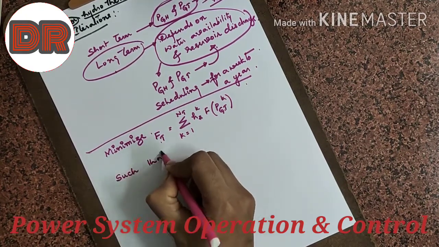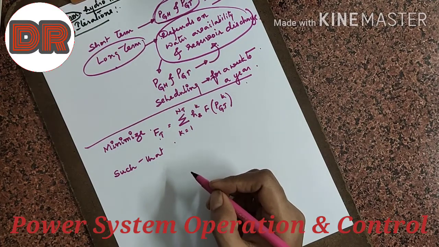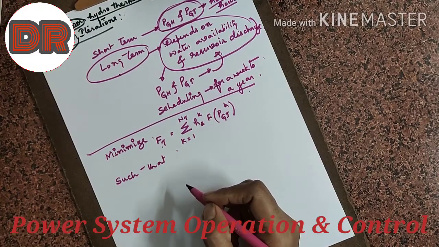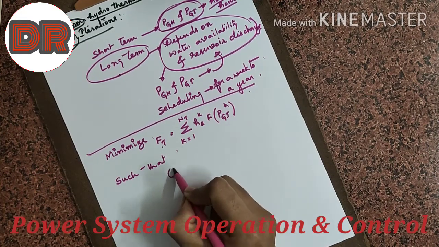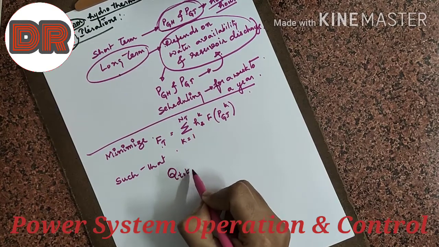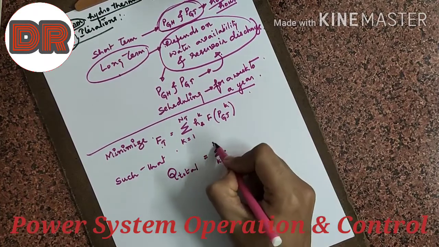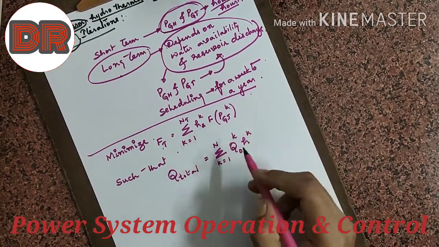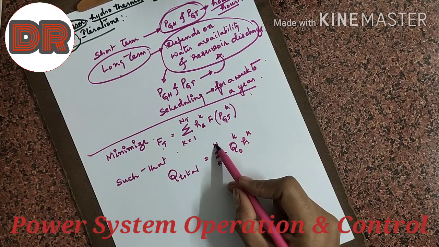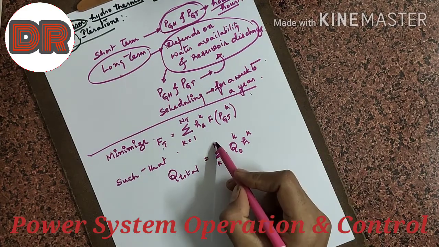Let me write the constraints such that one constraint is based on the PGH hydropower plant constraint. The hydropower plant constraint is nothing but the water volume available. So we'll write a constraint for that. I can write Q total equal to summation K is equal to 1 to N of Q naught K HK. K is equal to 1 to N indicates that the constraint is for the entire time period, that is still N value.